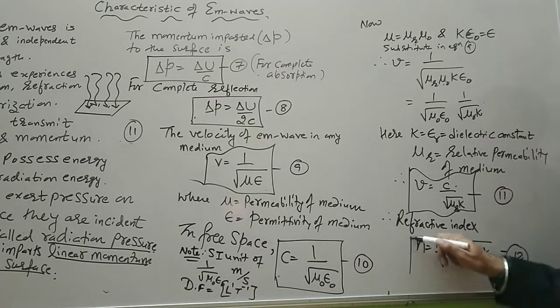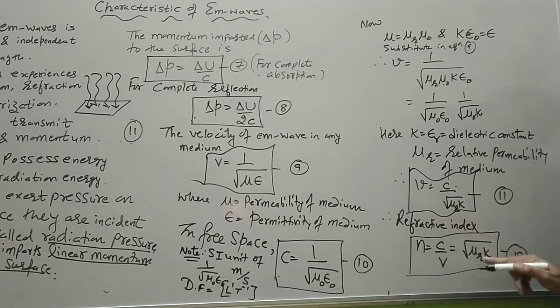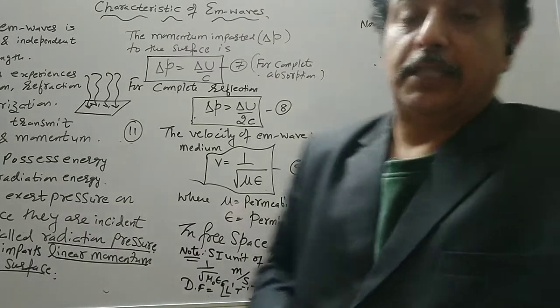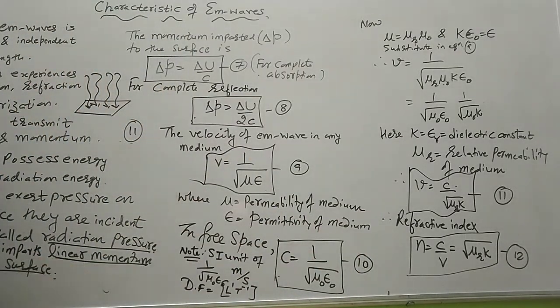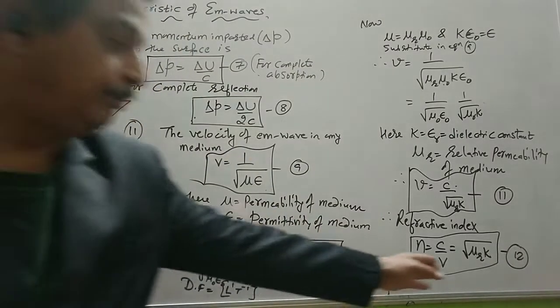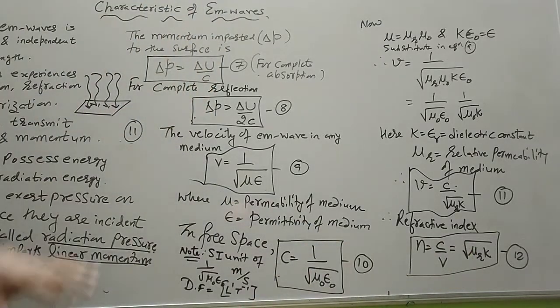So this is the refractive index formula, and from this C upon V can also be written as under root mu r K. So when the wave propagates from one medium to another, the refractive index changes by this relation.